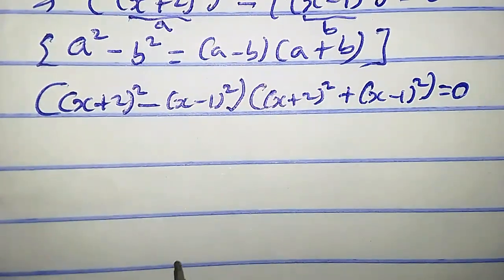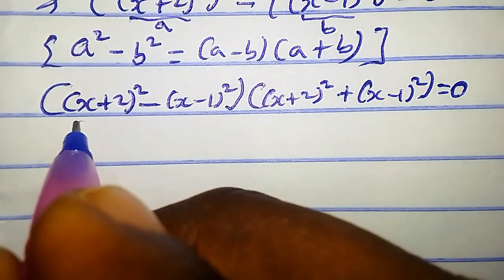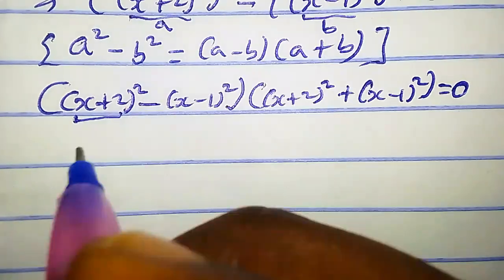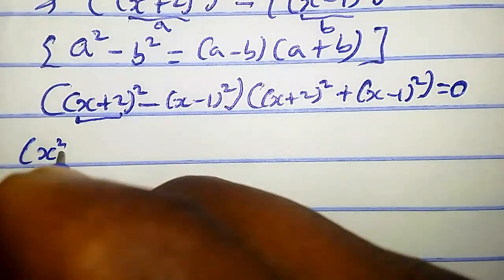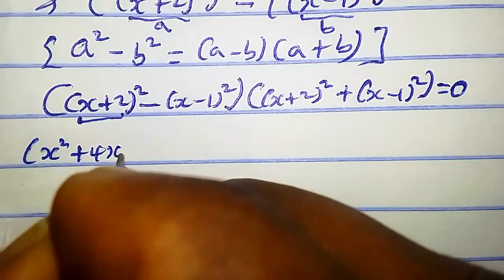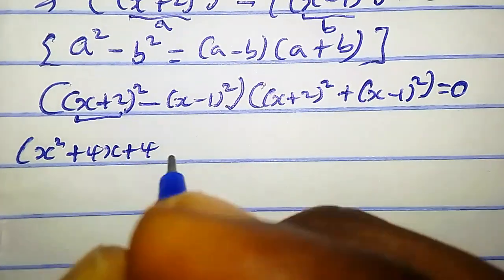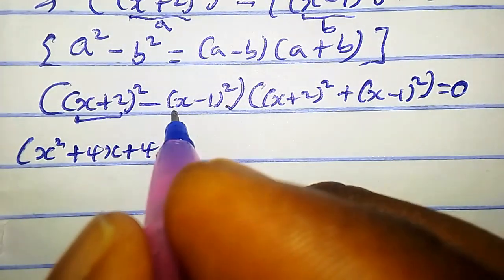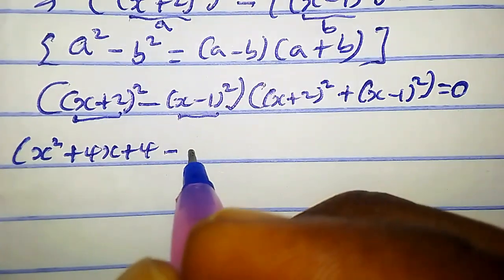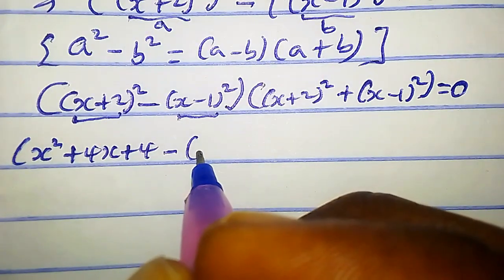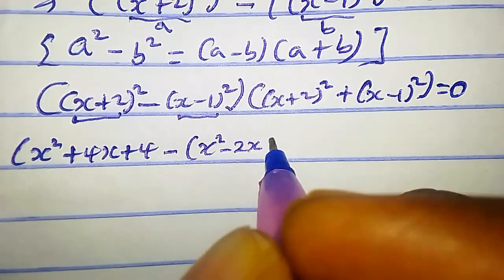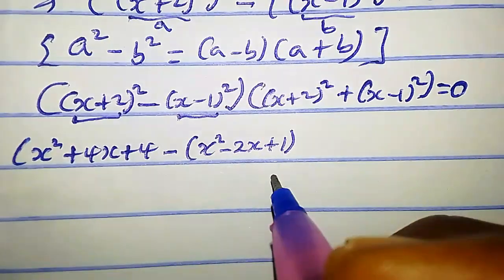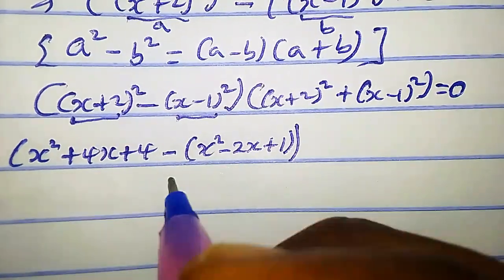Let's continue. If you expand (x + 2)^2 very well, you're going to have x squared plus 4x plus 4 minus. Expanding this also very well, we're going to have x squared minus 2x plus 1 in brackets. So let's close the entire bracket.